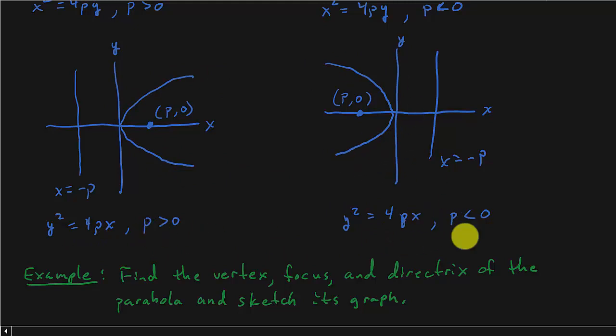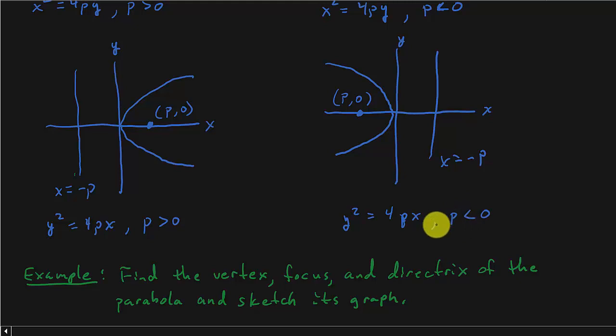If it opens to the left, p is negative. Here's your focus when it opens to the right, and your directrix is here. The directrix is p units from the vertex, and the focus is p units from the vertex. Same thing here, except this one opens to the left, so p is negative.